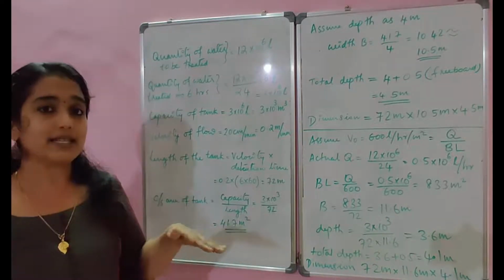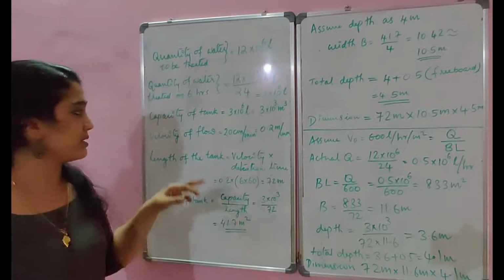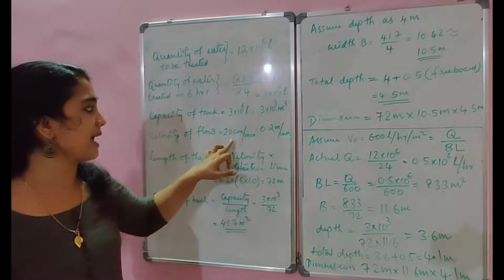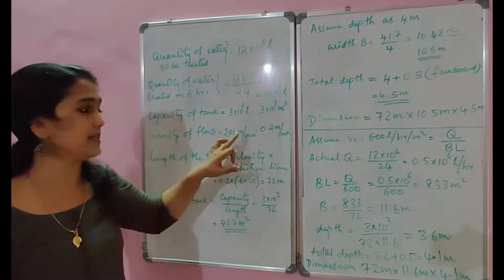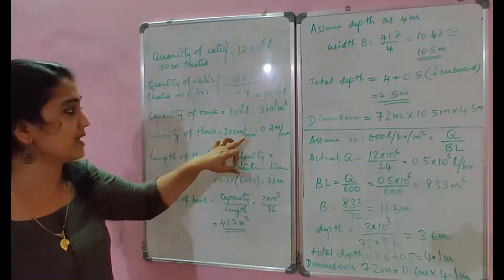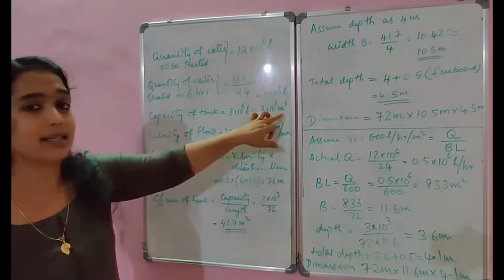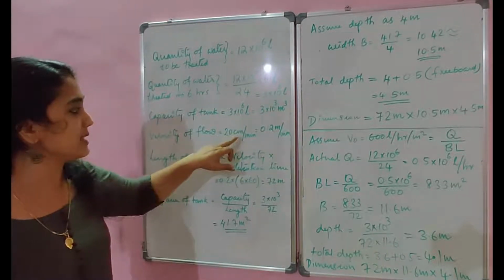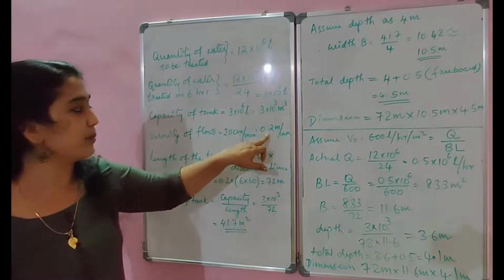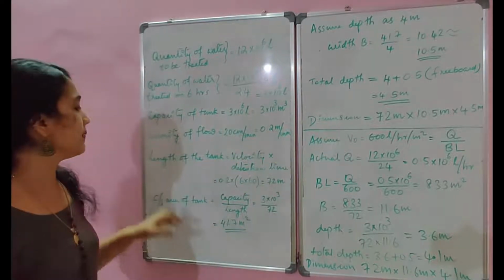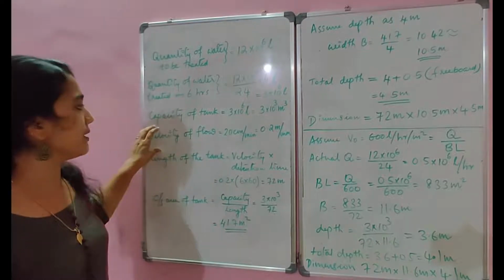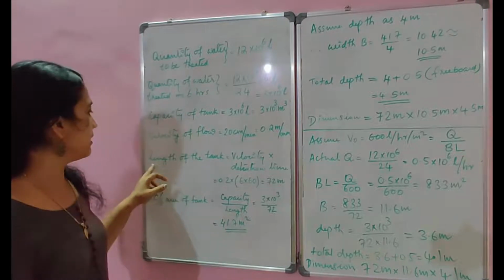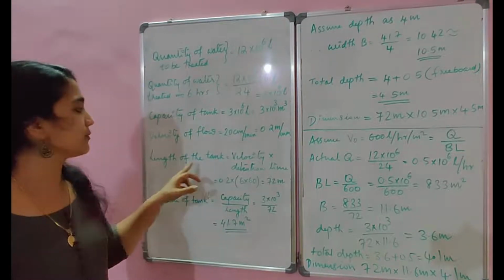Then the next factor we consider is the velocity of flow, given as 20 centimeter per minute. We have to consider this in meters because all other factors are given in meters, so 20 centimeter per minute is converted into 0.2 meter per minute. Then the length of the tank. We are given the velocity of flow and the detention period, so we can calculate the length of the tank.